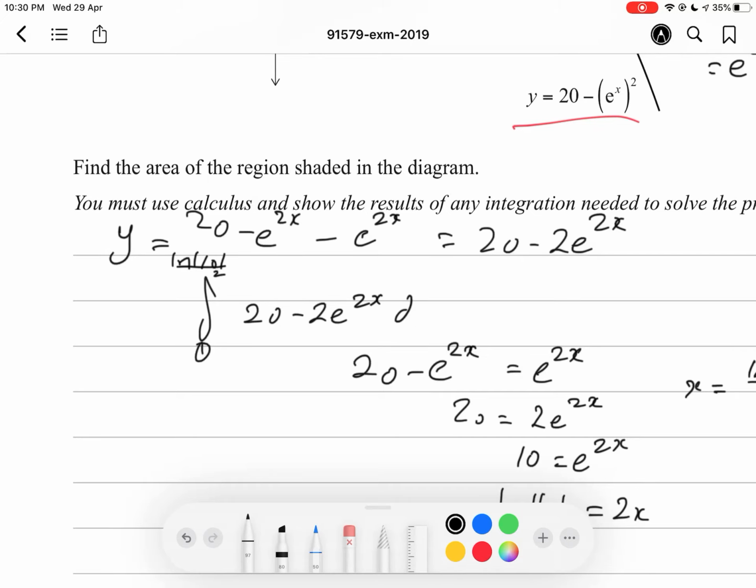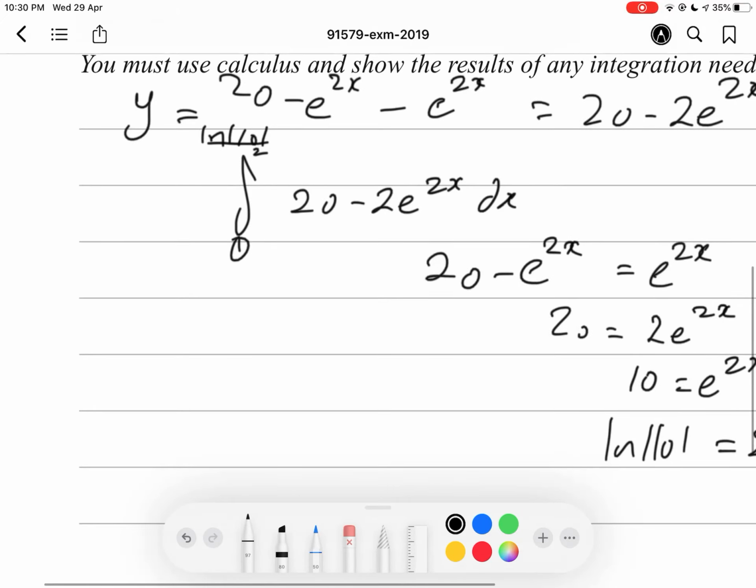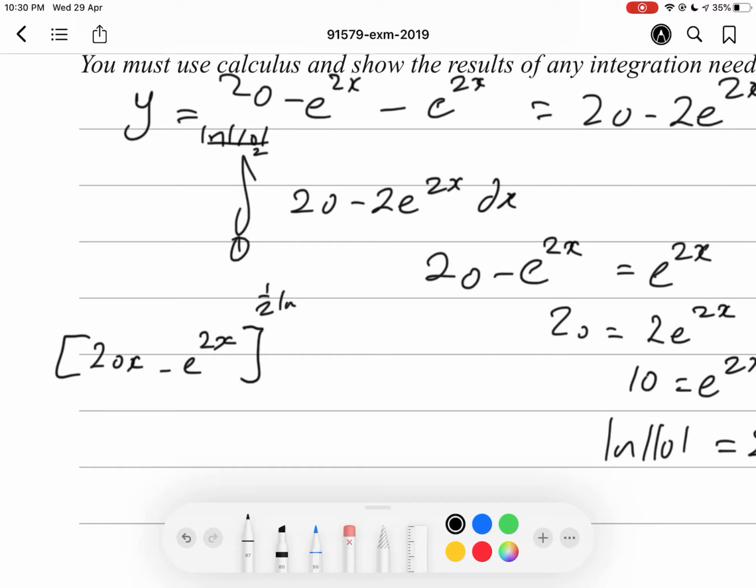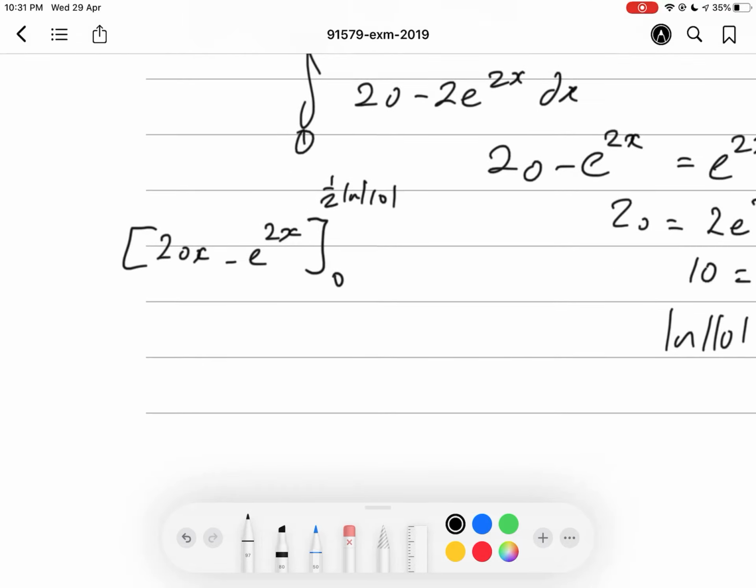And that's the integral of 20 minus 2e to the power of 2x dx. So that will become 20x minus e to the power of 2x. The derivative of 2x is 2, so negative 2 divided by 2 is just negative 1, and we don't need to write the negative 1. We just write negative e to the power of 2x, between half of ln 10 and 0.